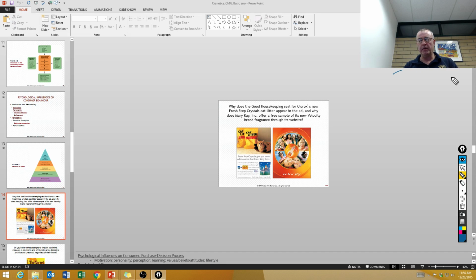Okay, so perception is the selection, organization, and interpretation of information into a meaningful picture. Because different people have different views of the same thing. We've seen a good example of this in the introduction to this chapter when we have men and women shopping for a vehicle.